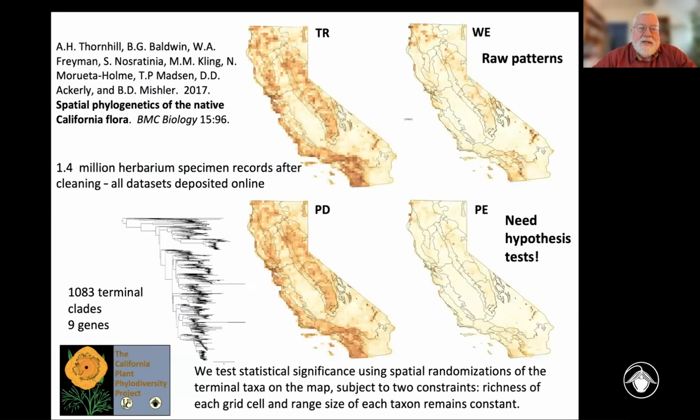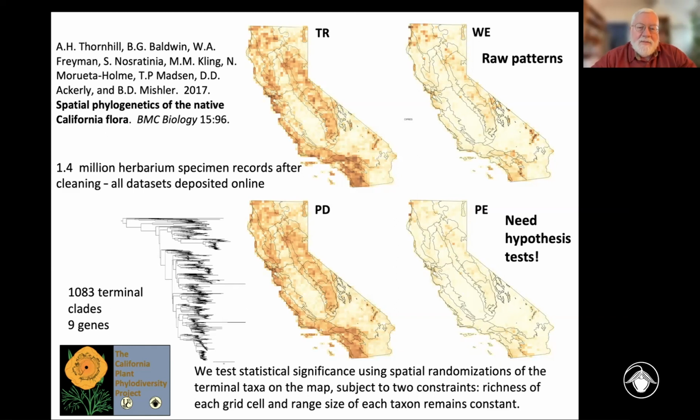So here's a quick example of the alpha-phylogenetic diversity patterns from the California example that was published in 2017. This is an open source paper, and you can look at the details there online. The upper 2 maps here are, on the left, the taxon richness, and on the right, the weighted endemism of the taxa. So that's a non-phylogenetic measure at the top.